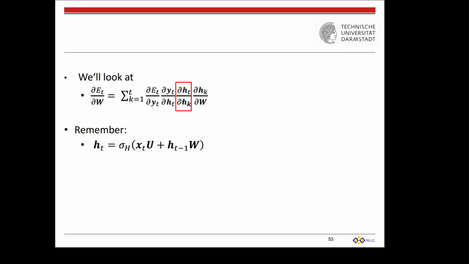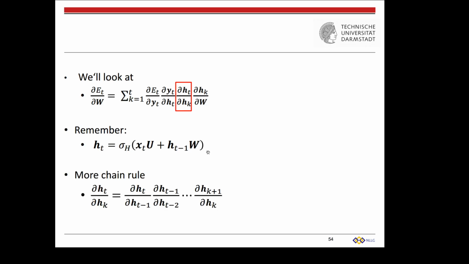Okay, now we want to look at this. So remember that Ht is given by this formula. Cool. So let's do some more chain rule. So we have dHt by dHk, where k ranges from 1 to t, right? So k is smaller or equal than t.